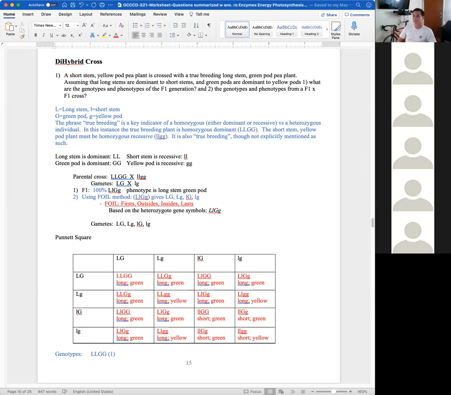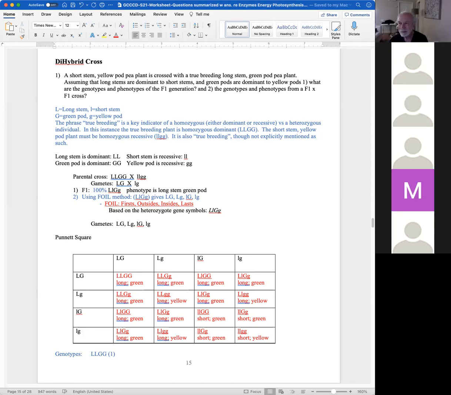Are we good with how to decipher the question so far? Okay. So now we know what the parents' genotypes are for each trait, but we have to figure out what gametes that parent can produce.